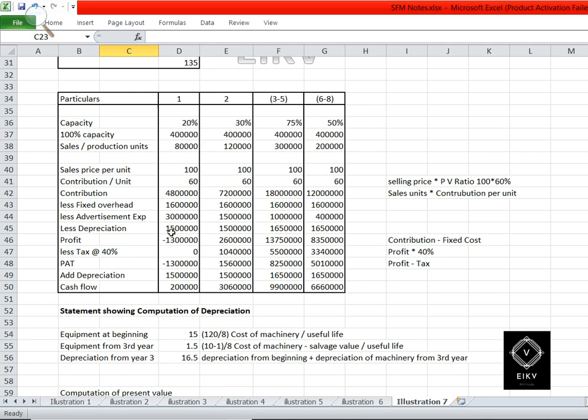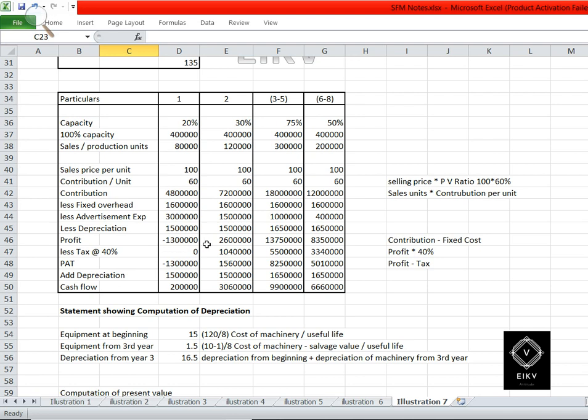Let's assume the depreciation amount as 50 lakh, 50 lakh, 60 lakh 50,000 each for the respective years. I will explain the computation of depreciation after completing this table. After deducting these expenses from contribution, we will get the profit or loss.